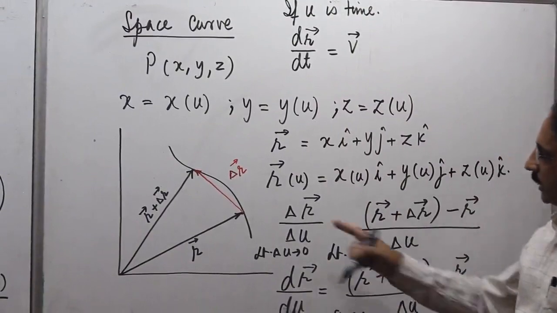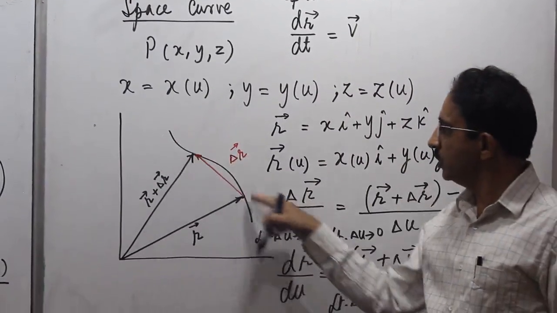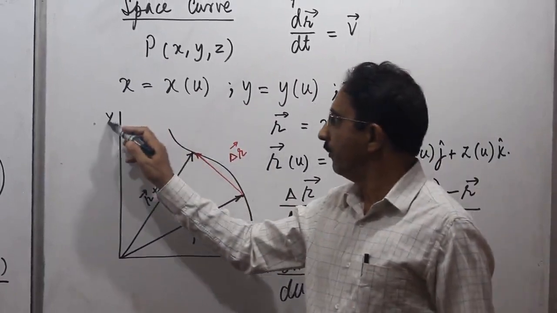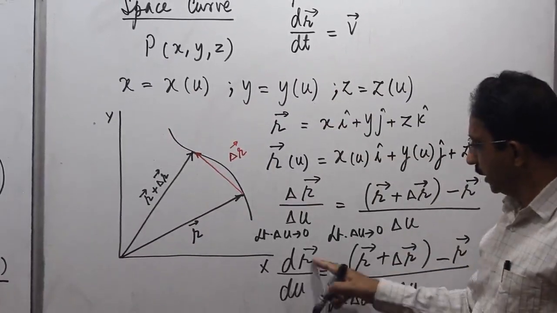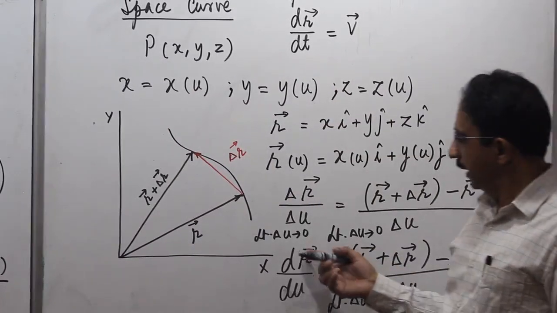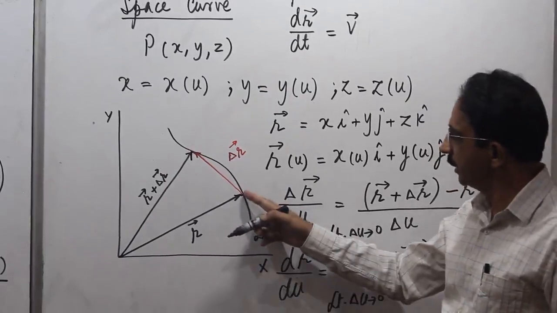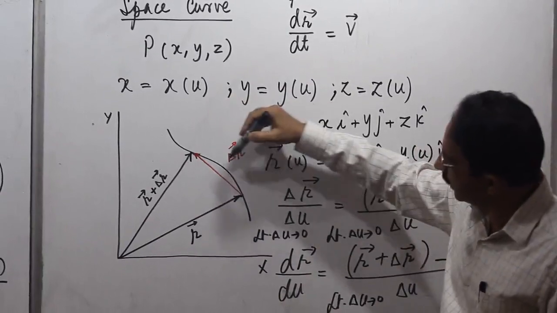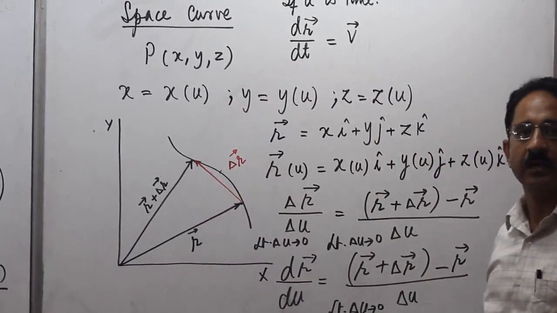And where is the direction of this dr by dt at each point on this space curve? The direction of this dr by dt, which is the velocity of the body at each point on the space curve, is along the tangent at that point. So it is tangent at this point, or tangent at this point, or tangent at this point.